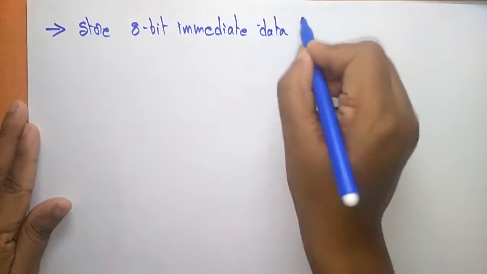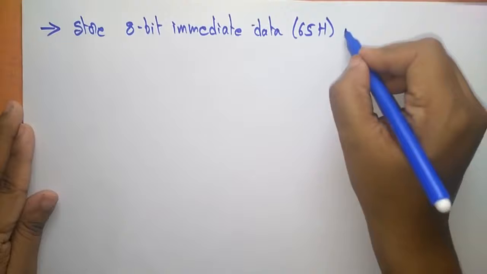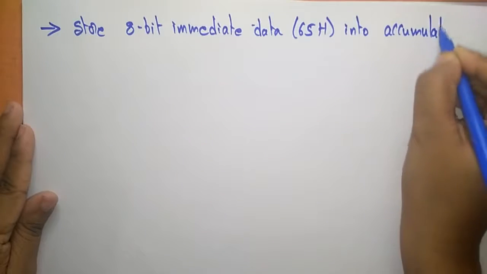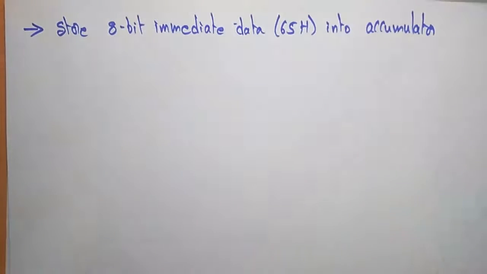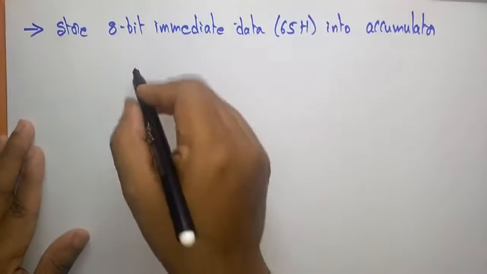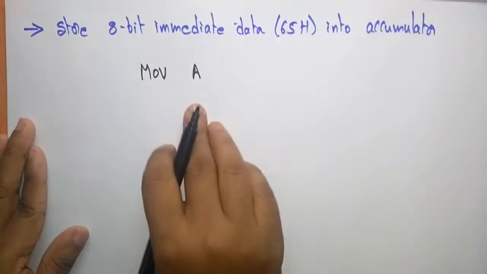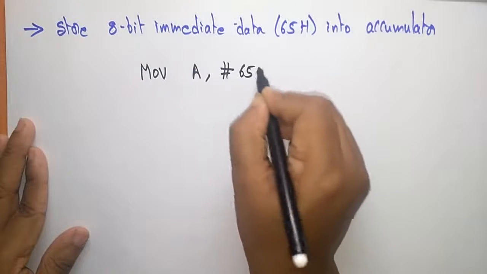Let's take 65H into the accumulator. I want to store the 8-bit 65H into the accumulator. What mnemonic code do you have to write? MOV A, #65H.